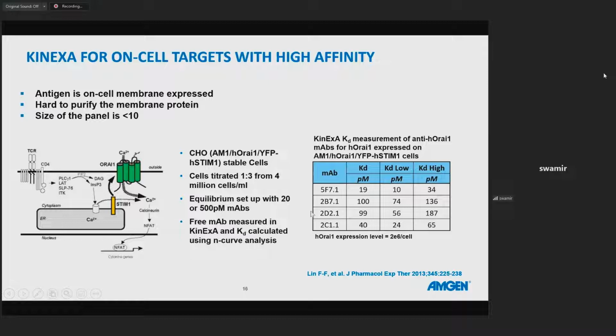And on the right, in an example for human ORAI1, we measured the affinity in a low picomolar range, and we could also measure the expression level of the target on these cells as 2 e6. So both KD information and the expression level can be calculated without purifying, just by using on-cell in the KinExA platform.